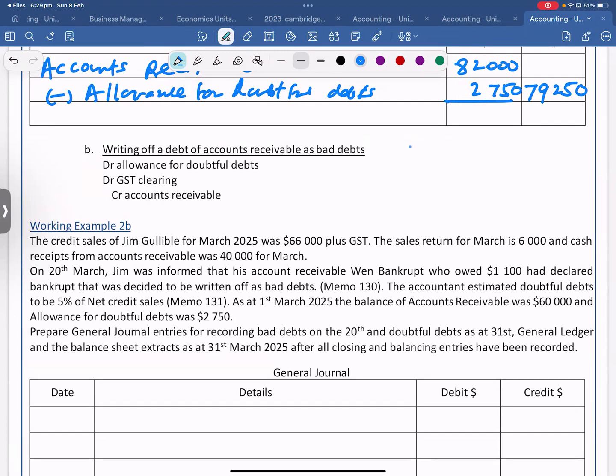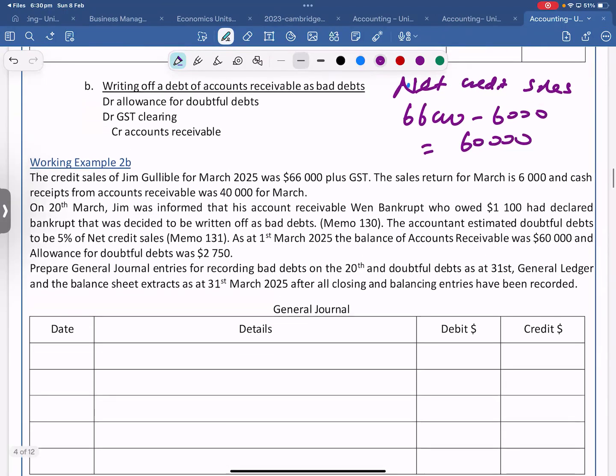Net credit sales is 66,000 take away 6,000, which is 60,000. Then again 5%, which is 3,000.